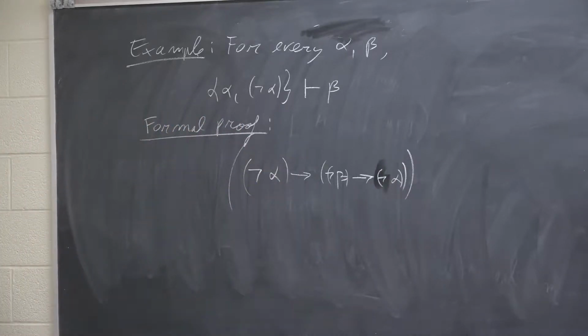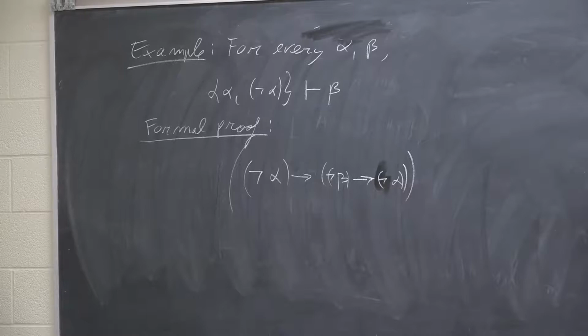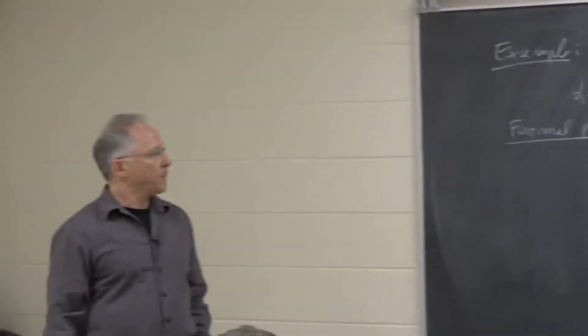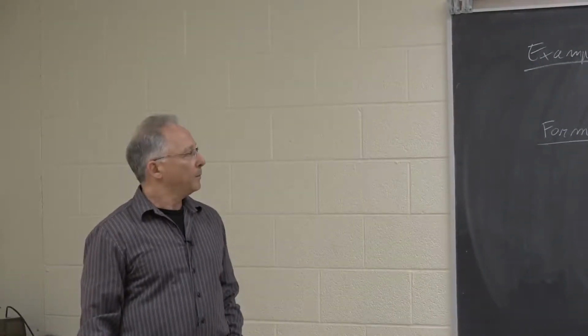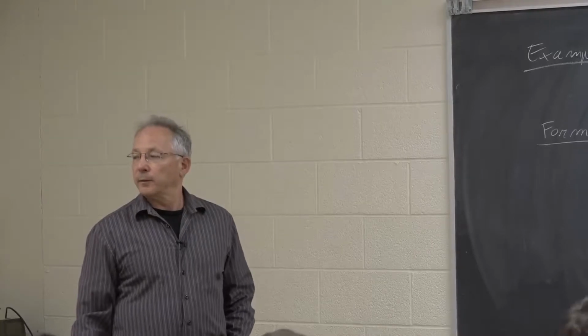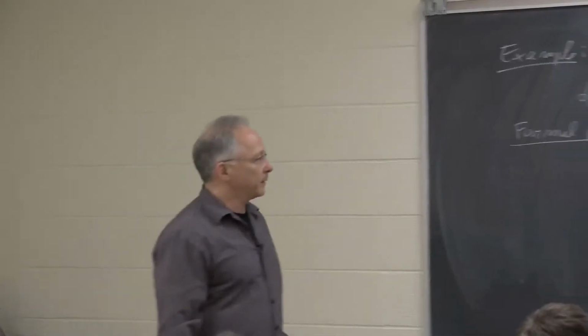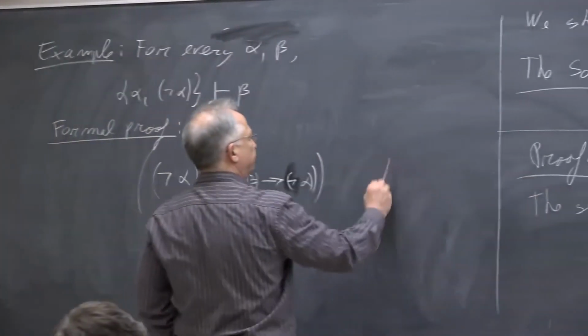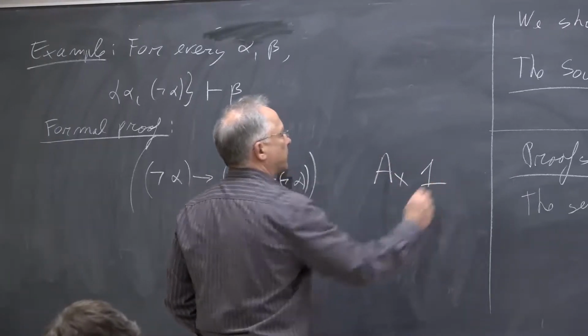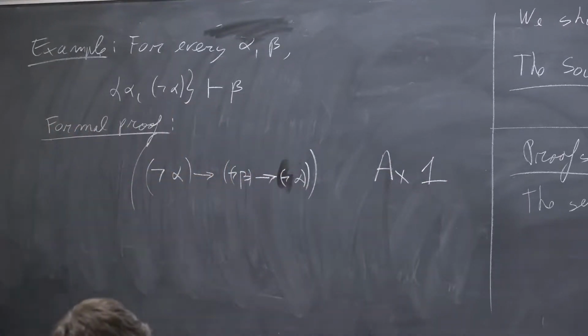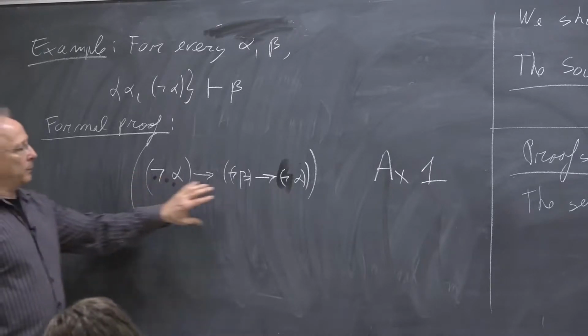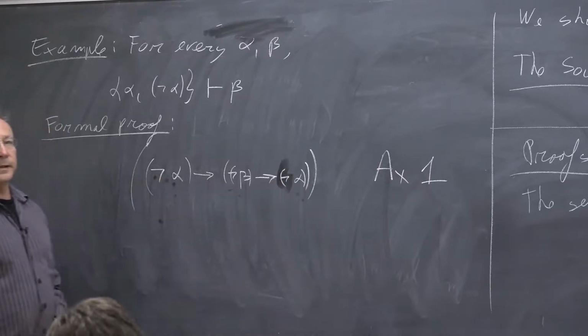Why can I write this sequence? Why can I start my proof with this? Which axiom? First one, right. This is axiom 1. You should by now start remembering what the axioms look like. So I have here some A, arrows B, arrows A. So this is axiom 1.